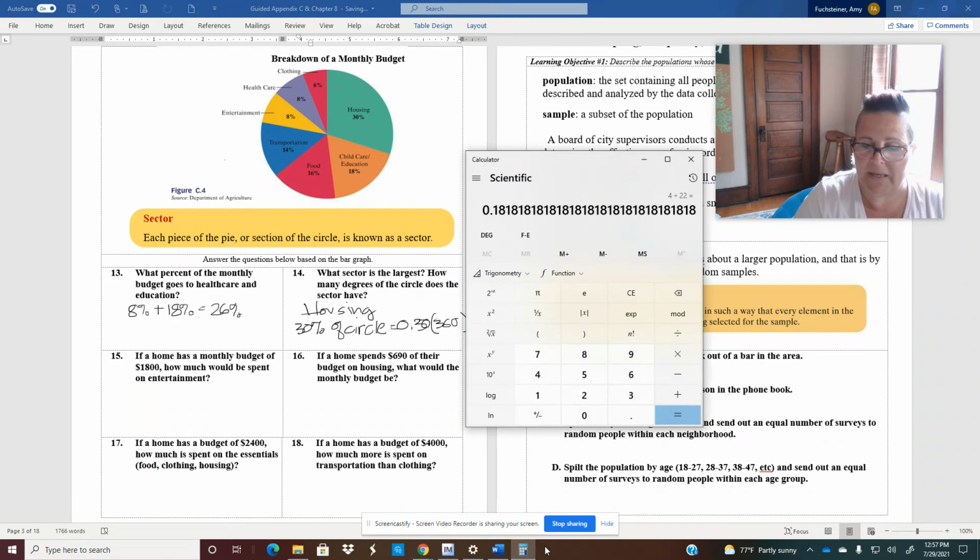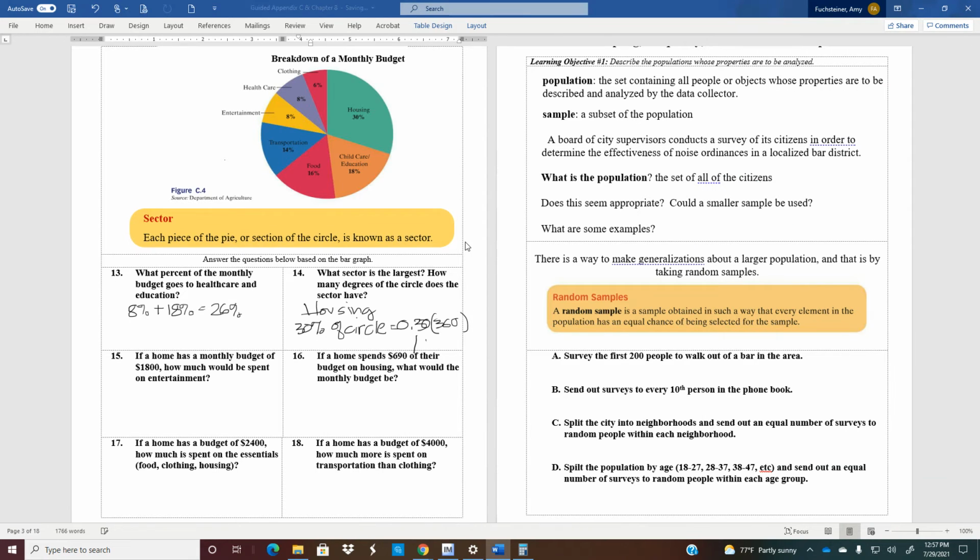So now I'm going to grab my calculator and do 0.3 times 360, and that tells me 108. So if somebody grabbed a protractor, like we did with the geometry unit, and they measured this sector, how many degrees that angle there would be, they should get 108.